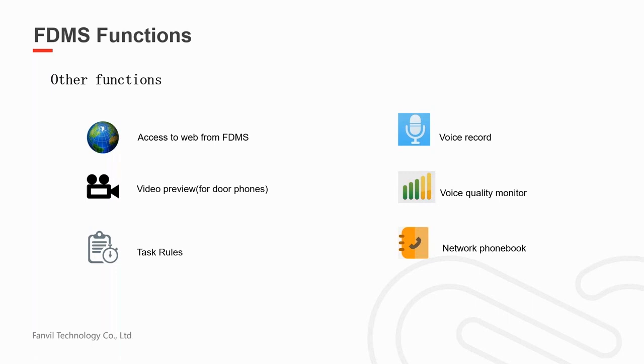But not all customers or integrators would like to use them because of system restrictions. So we integrated the voice record server and the network phone book server into FDMS as a free service. Then you can edit and deploy your enterprise network phone book on the FDMS server based on your account and your devices. Then you can use them freely.